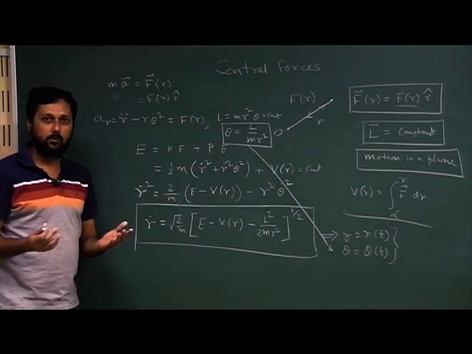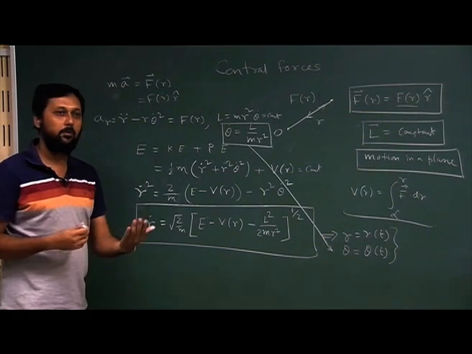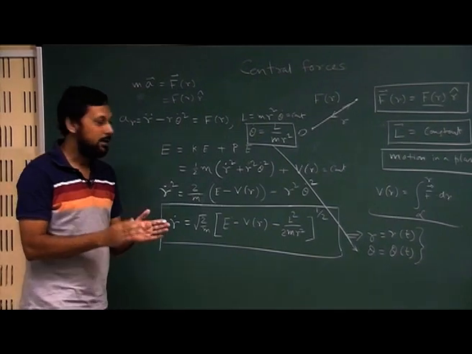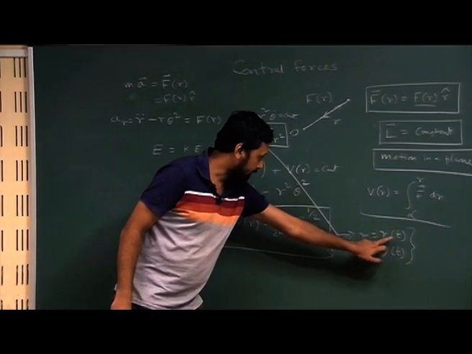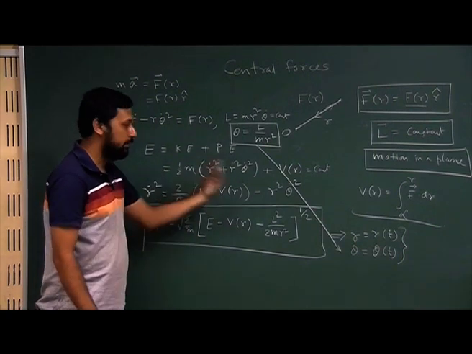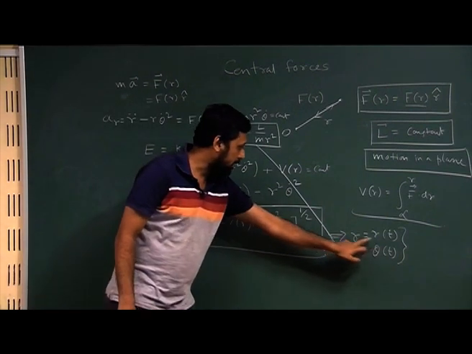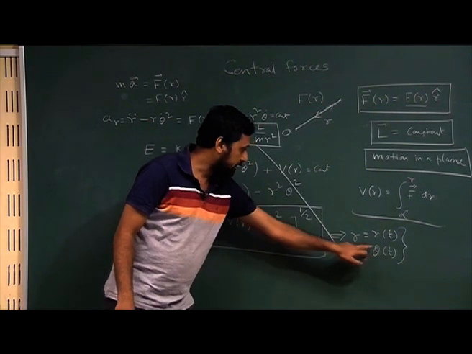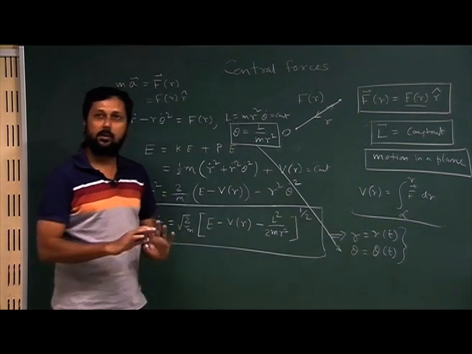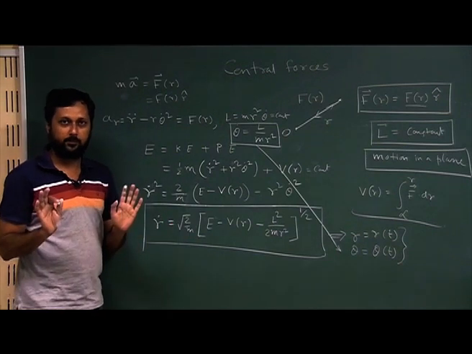So, what do we need to know in order to solve the equation of motion? We need to know r and theta in terms of time. So, if we can integrate this equation and this equation one after the other in order to get r as a function of t and theta as a function of t, we essentially solve the problem completely.